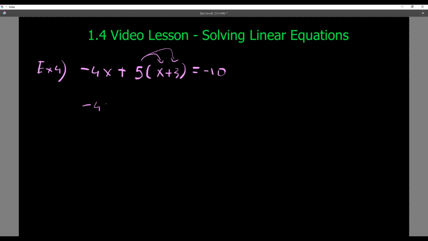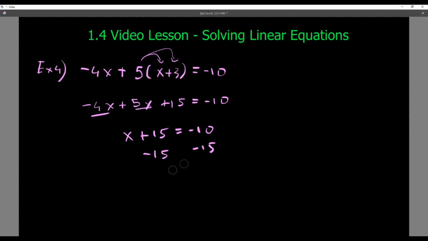So I have negative 4x plus 5x plus 15 is equal to negative 10. So here I combine these now because it's not stuck inside parentheses anymore. So I add these. I have just x plus 15 is equal to negative 10. And I subtract 15. x is equal to negative 25.